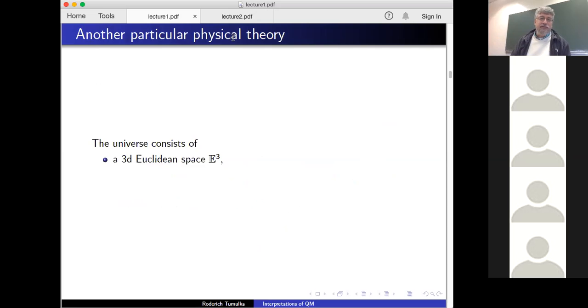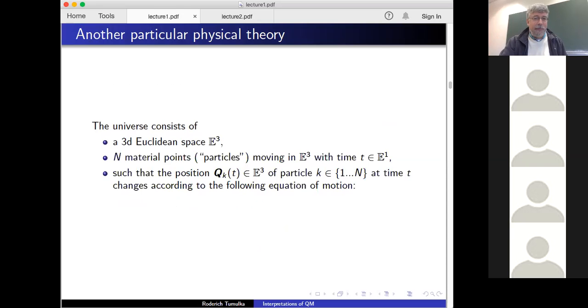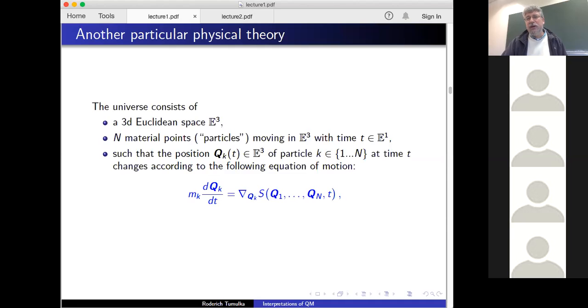Okay, here's another physical theory, another example. According to this theory, the universe consists of a three-dimensional Euclidean space, n material points called particles moving in this three-dimensional Euclidean space. q_k(t) denotes the position of particle k at time t, and that moves according to a particular equation of motion. Here's the equation of motion. It's a first order equation of motion.